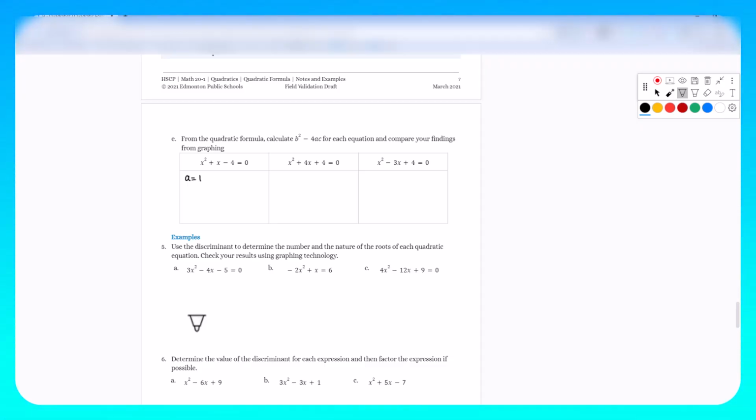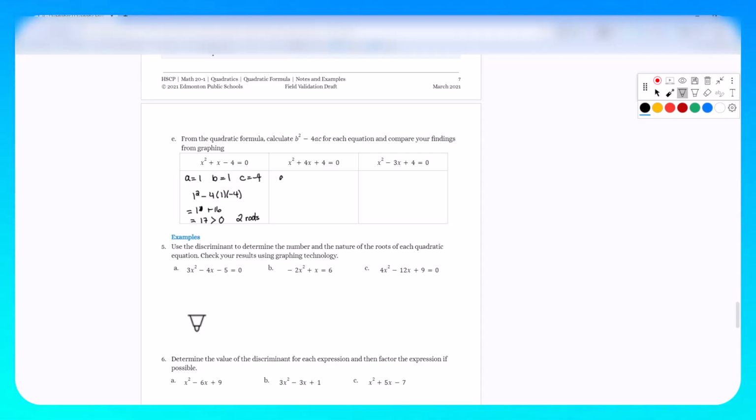Well, for this one, we get 1 squared minus 4 times 1 times negative 4, which is 1 plus 16, which is 17, which is greater than 0, which means we should have two roots. And sure enough, on our graph, it crossed the x-axis twice.